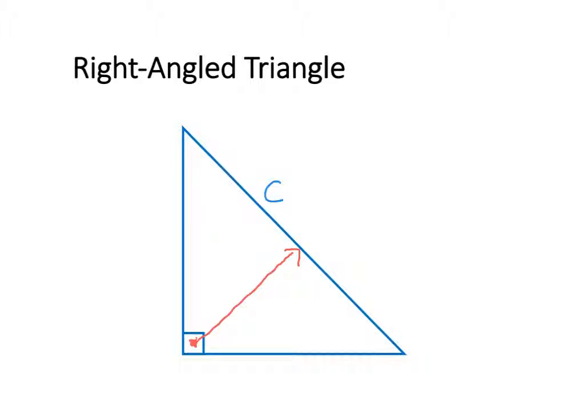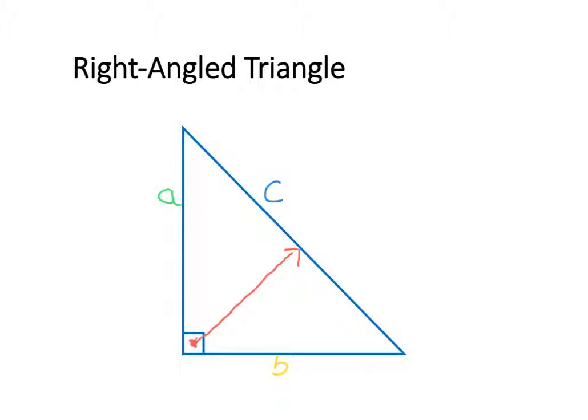So I can go ahead and call this side A, and the bottom side B. So I've got a right angle triangle, and the three sides are called side A, side B, and side C, with C being my hypotenuse, or the longest side of the triangle.